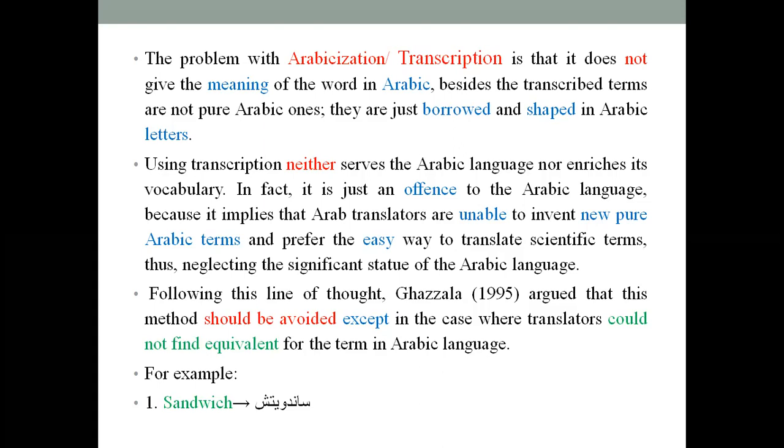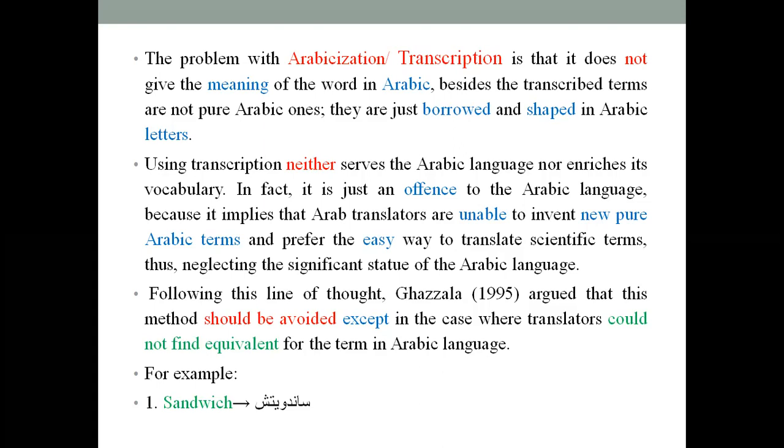So it does not reflect the richness of the Arabic language, since Arabic is very rich in terms of vocabulary. We have about 13 million Arabic words in Arabic dictionaries. So Arabic is very, very rich.